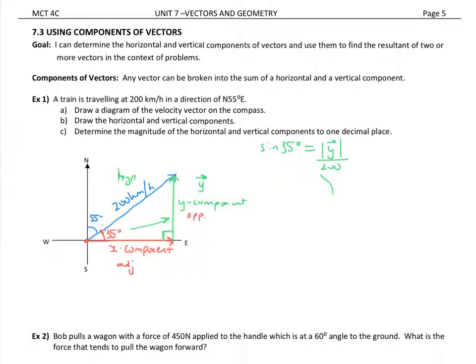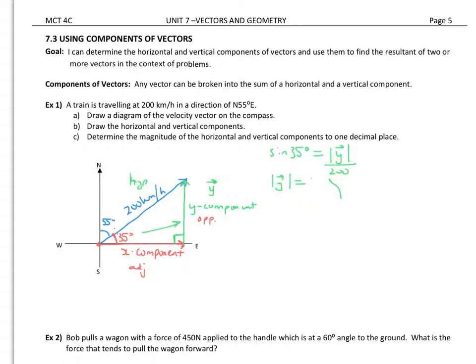Okay, and then I can multiply the sine of 35 degrees by 200, and that's going to give me the magnitude of vector y. So that's equal to 200 times the sine of 35 degrees, and I apologize, I can't get rid of the squiggle in there. And putting that into the calculator, I get 114.7, roughly, kilometers per hour.